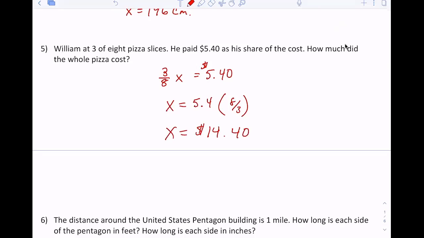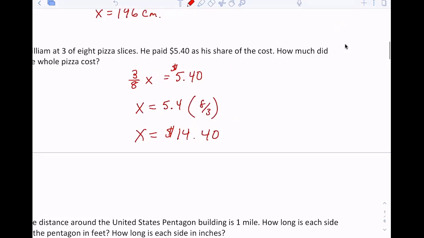We don't need the fancy calculator for that. But if you have your nice calculator, now is the time. Pull it up. I'm going to show you something super important. For your fancy calculator, I want everybody to type in 5.4 times.